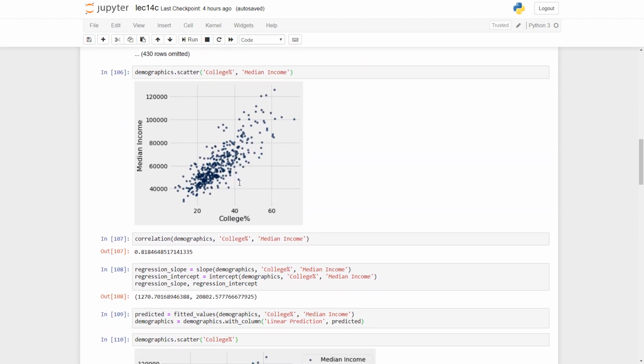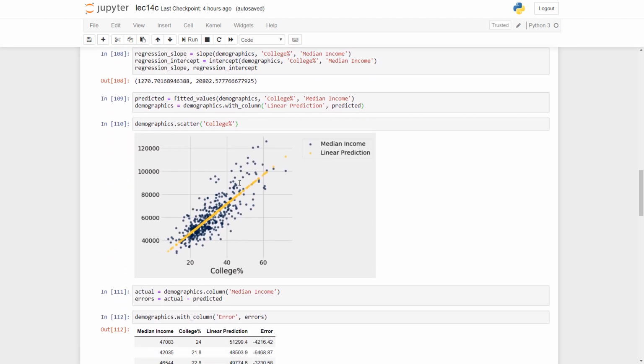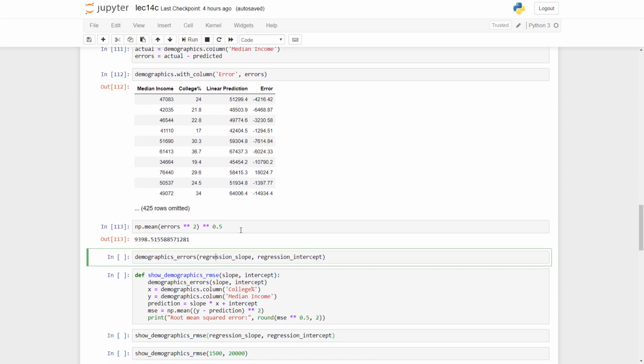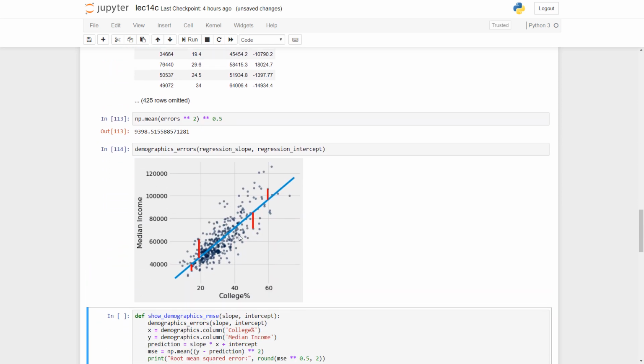So you can look at it, but let's use it here and see some examples of the errors. The blue line here is the predicted regression line, and the vertical red lines indicate the error. So that's the error for that actual value. That's the difference.